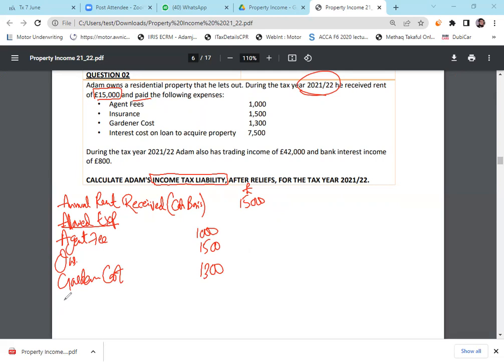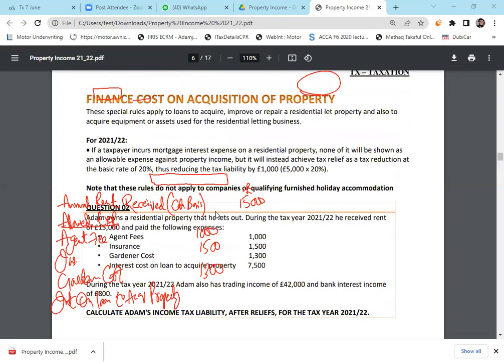Allowed. Then interest on the loan which we took to acquire the property. What rule did we discuss? Is it allowed or no? What we learned just now, I said finance cost on acquisition of property will never be allowed.